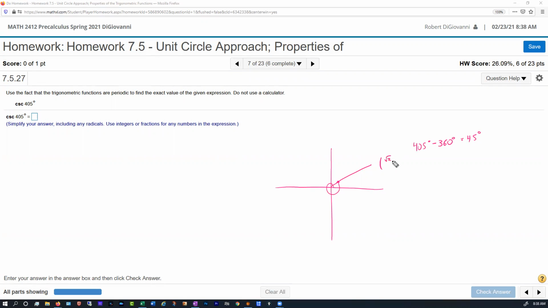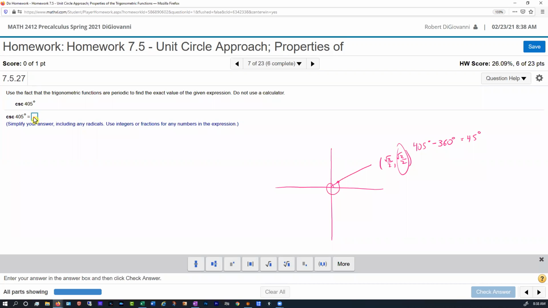This is root 2 over 2, root 2 over 2. Cosecant is the reciprocal of sine. Sine is the y-coordinate, so we want the reciprocal of that. Instead of root 2 over 2, it should be 2 over root 2.